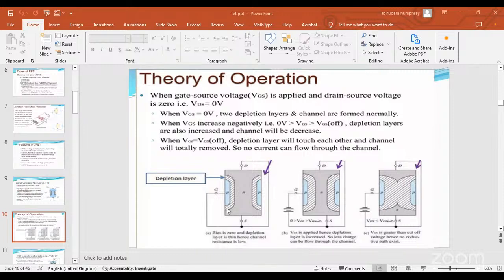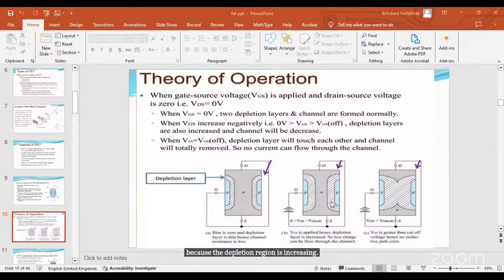In the second one, voltage is applied, and when we increase the bias negatively, you see the channel is decreasing because the depletion region is increasing.